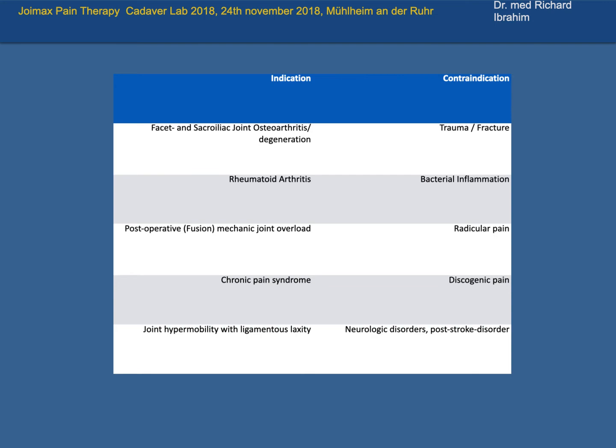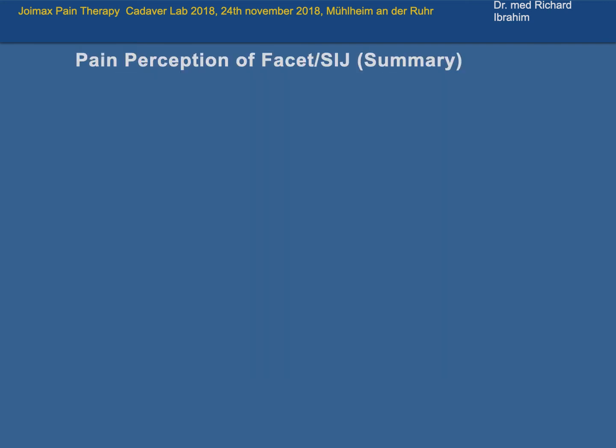Of course, we also use it in rheumatoid arthritis. For patients with mechanical problems, it depends, a question mark, does it always work? You should keep this in mind. We have some other hypermobilities, and of course contraindications, as you should know, when there are other reasons, not as for the SI joint treatment.